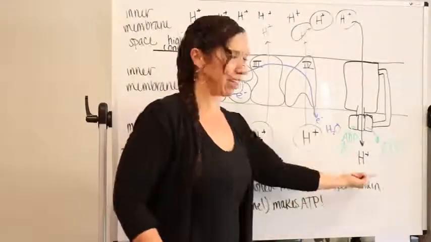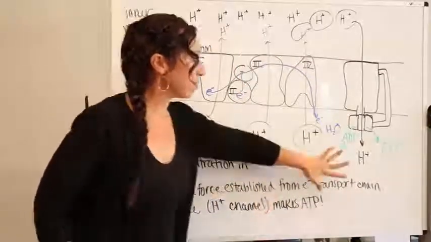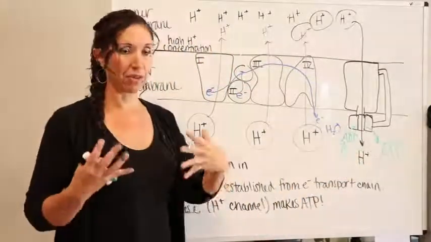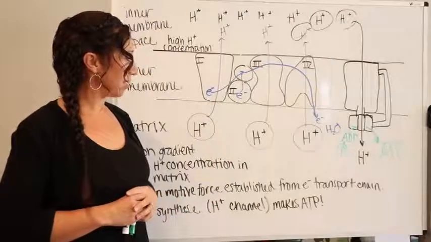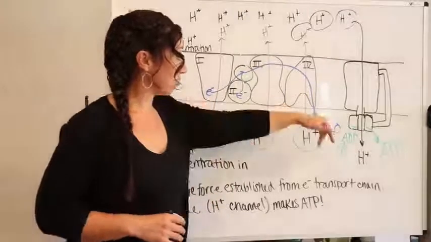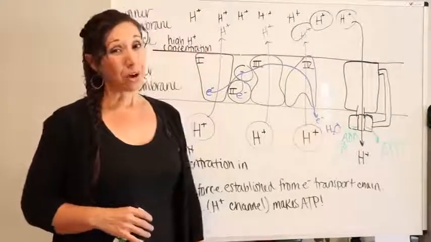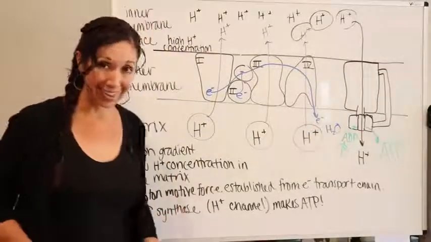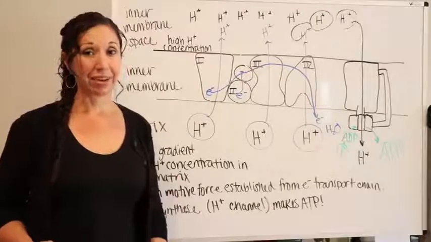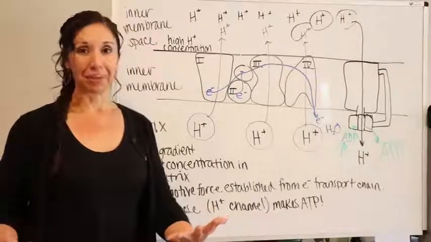That's the phosphorylation part. Here's the chemiosmosis and phosphorylation. And in the process of the electron transport chain, we're making water, and that's a big deal too. So that is the last step of cellular respiration.